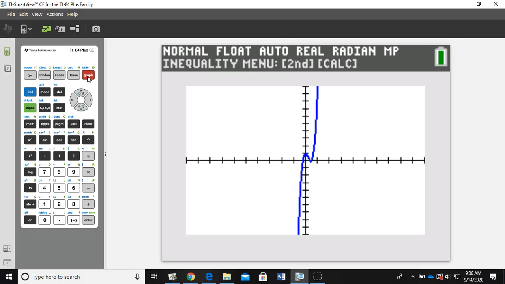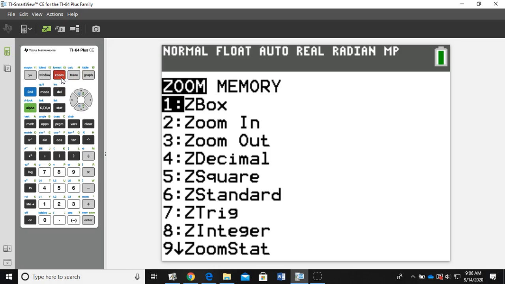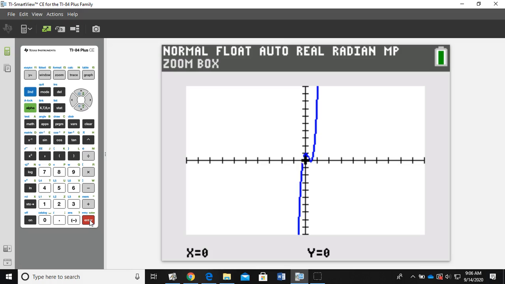I'm just going to show you how to do that. You hit zoom, and the very first one says Z-box. So we're going to put a box. You see my little cursor blinking on the origin? What you want to do is move it to a corner of your box.